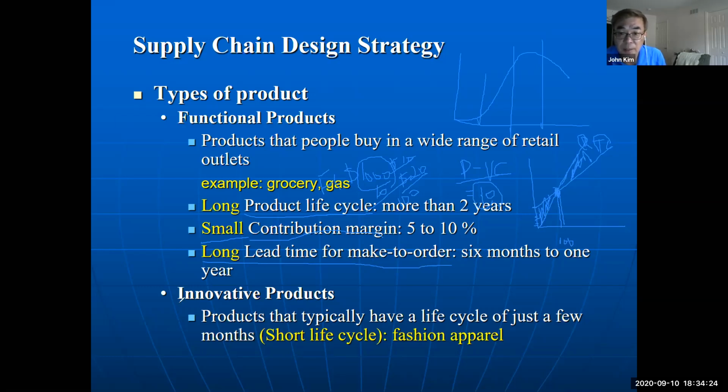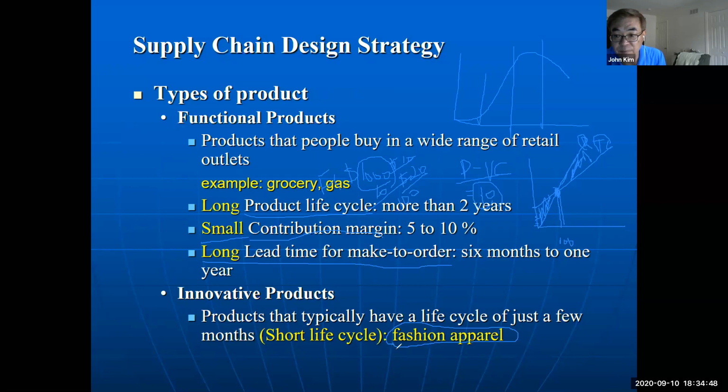And then innovative products such as fashion apparel. This summer's fashion may be next summer's fashion too, but usually this year's fashion is not fashion next year.